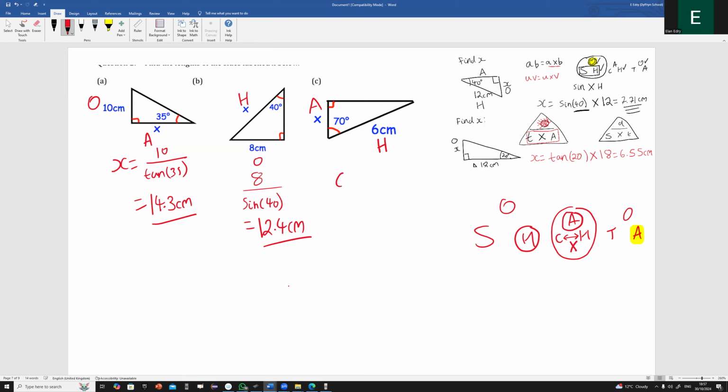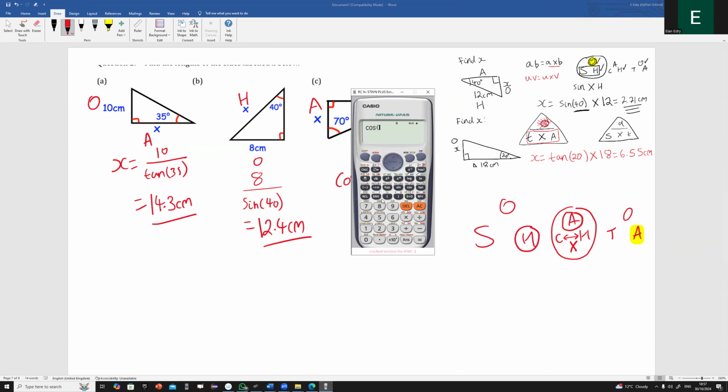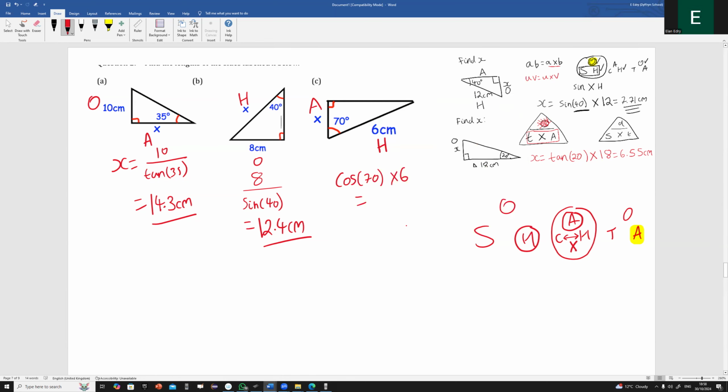So I would need to do cos 70 times 6, which is 2.05 approximately. How do we feel about that? Excellent. And not easy questions there.